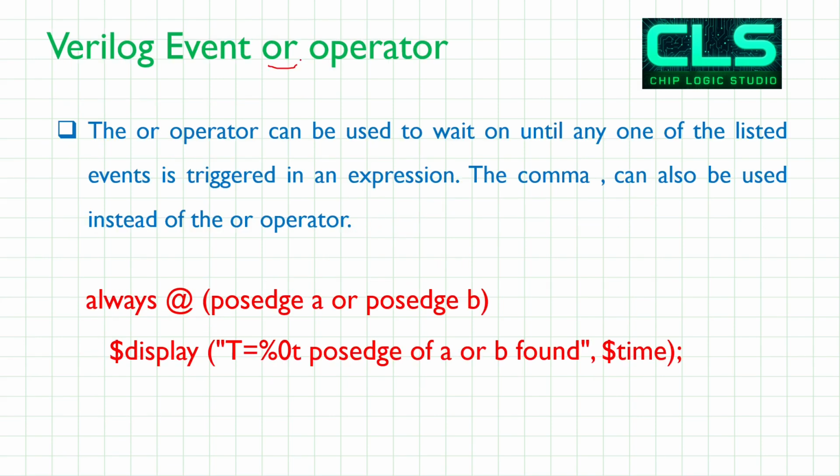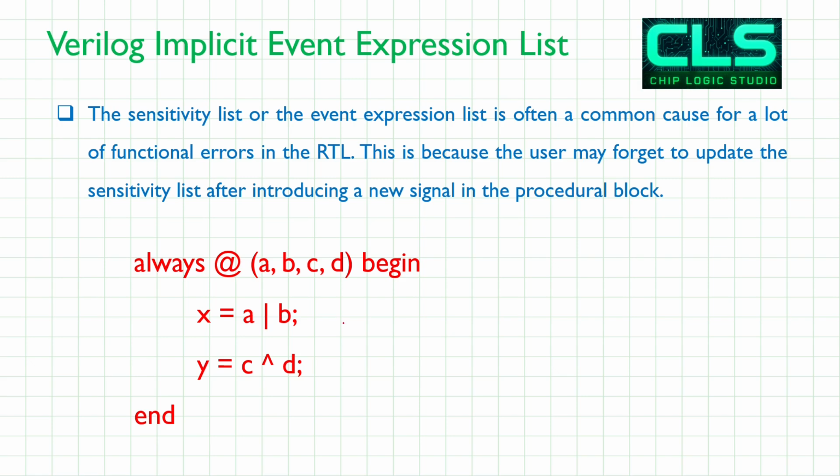Now the or operator, as I mentioned earlier, this is our edge of the clock and this is another edge of the clock, or maybe the negation of the clock, whatever it is. If you are executing a synchronous type of circuit, then you will use this or. Like it will depend on this, and it will also depend on this, so you can write it with the help of or. Now this is different from this.